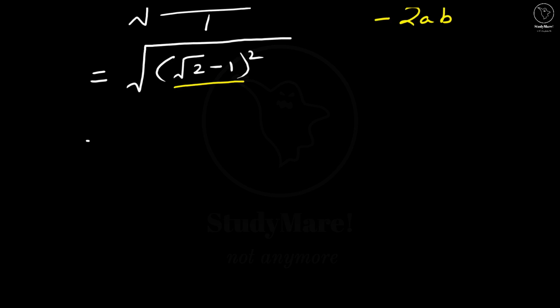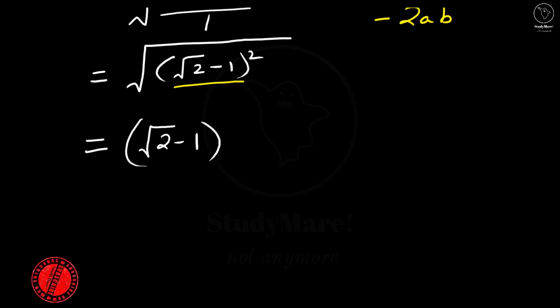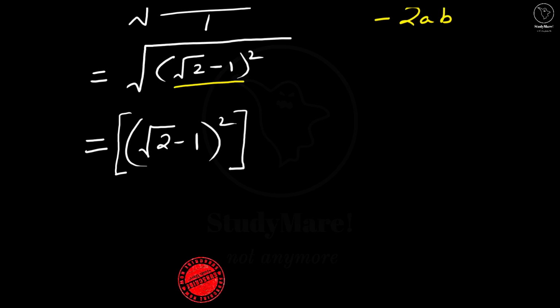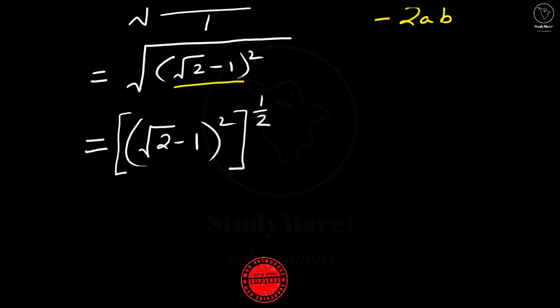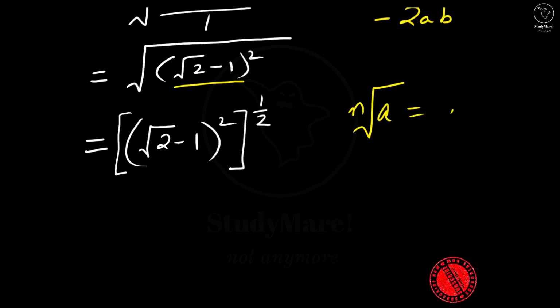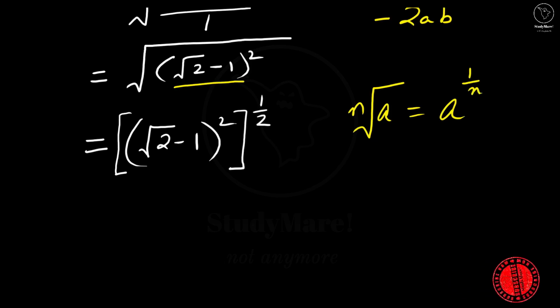Just see. This can be written as root 2 minus 1 whole square to the power 1 by 2. Why? Because the nth root of A is equal to A to the power 1 by n.